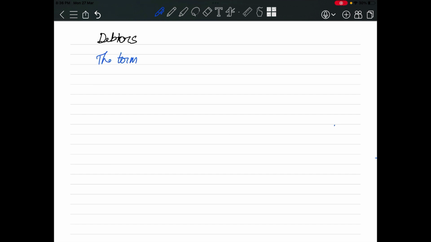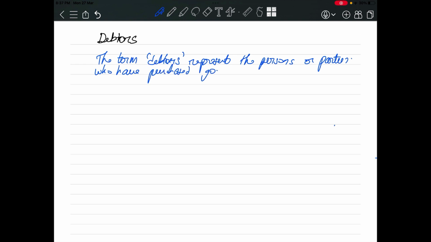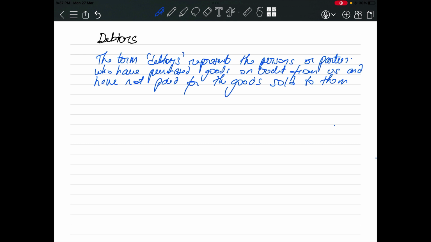The term debtors represents the persons or parties who have purchased goods on credit from us and have not paid for the goods sold to them.